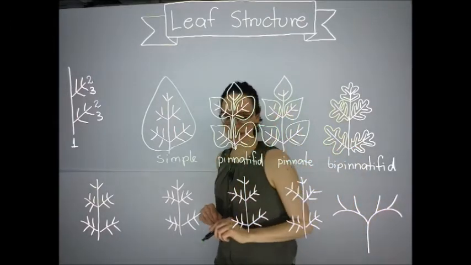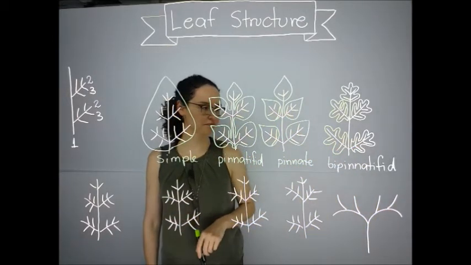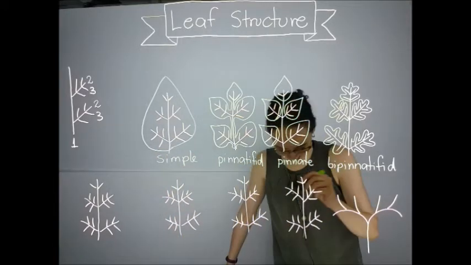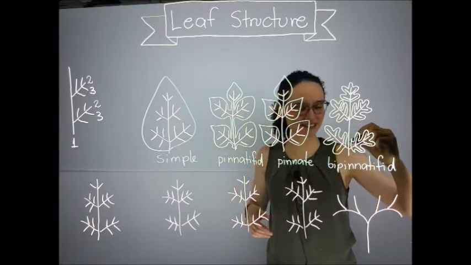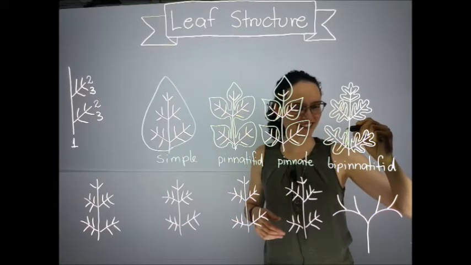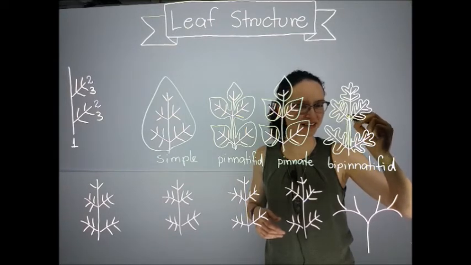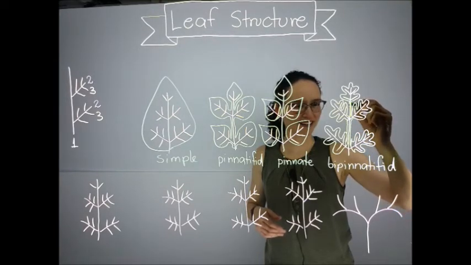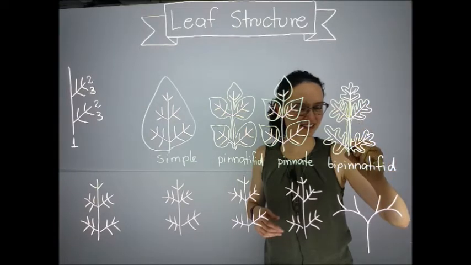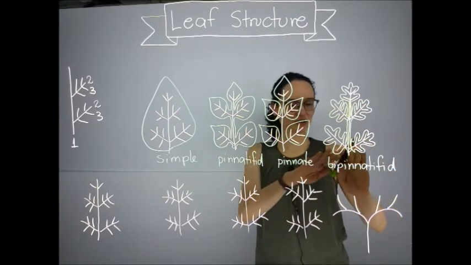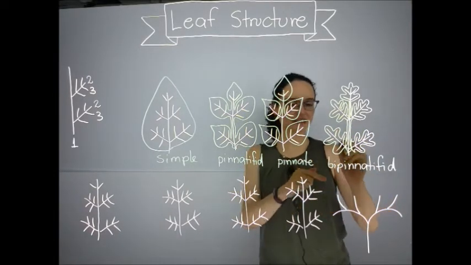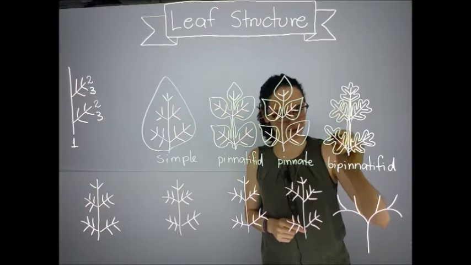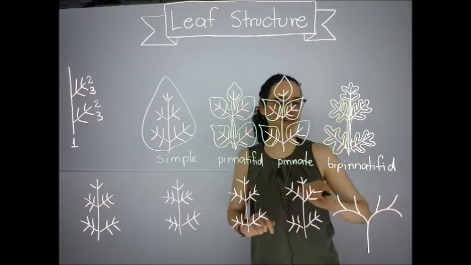That's bipinnatifid, and I did it wrong. Because it's bipinnatifid, it's pinnatifid in both ways. Sorry, it goes around the central axis as well. So it seems like it's pinnatifid, but the whole vascular system is surrounded by blade, except that it cuts deeper along the secondary, the tertiary axis.